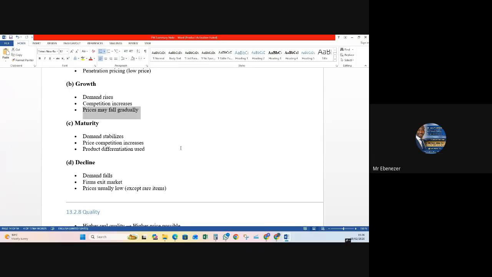When we get to the decline stage, your selling price will reduce, demand will reduce, and gradually you are preparing to leave the market. You have fewer products, fewer customers, and probably the competitors are taking over.